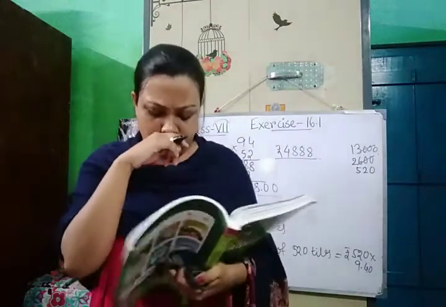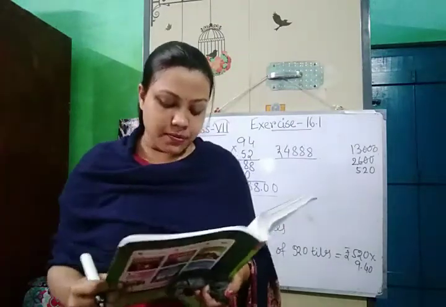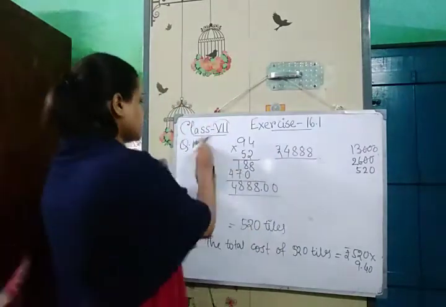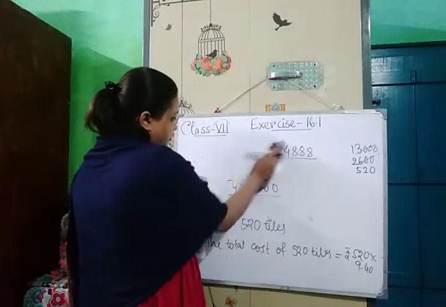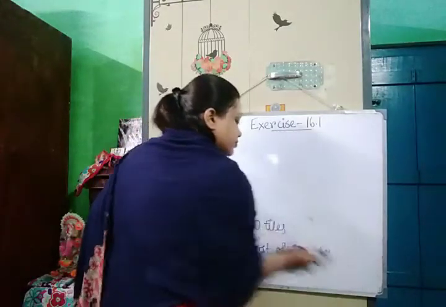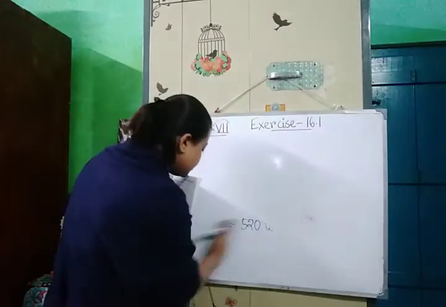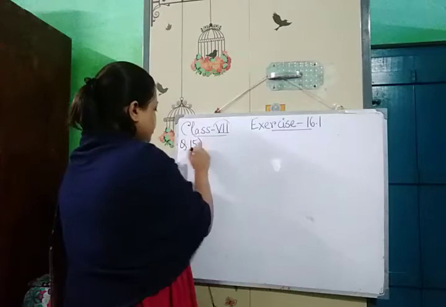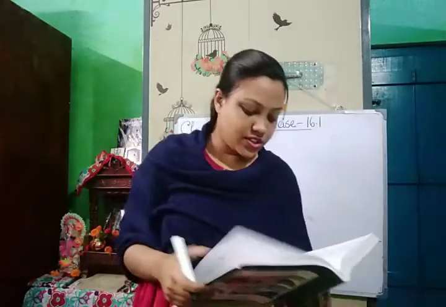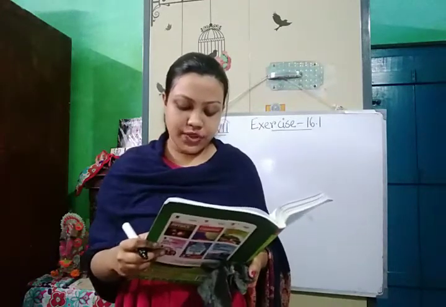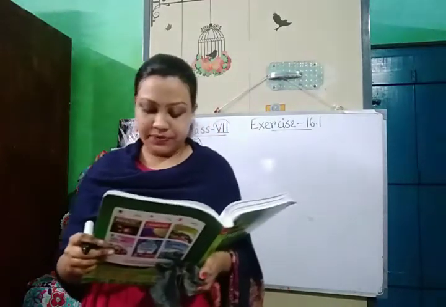Next one is question number 15 I am doing. Question number 15 is: the floor of a room is in the shape of a square of side 4.8 meter.